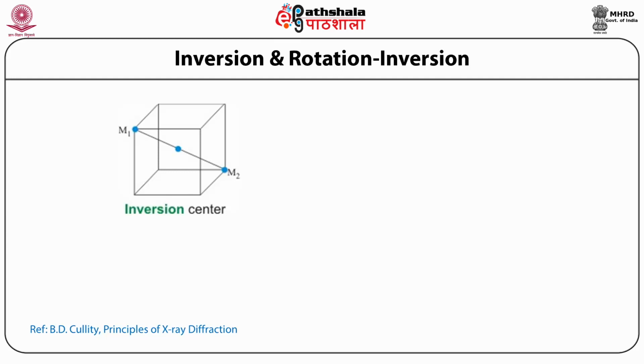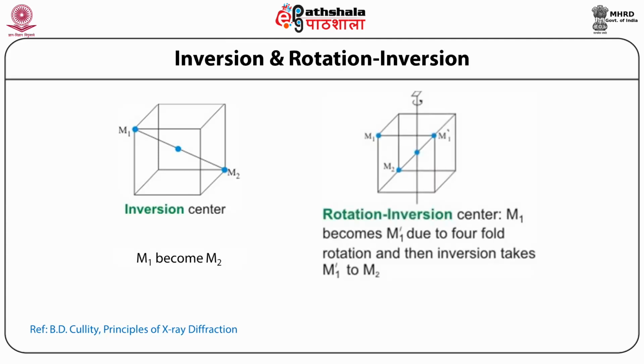Now, as we can see from the figure, there is an inversion center at the center and M1 becomes M2.